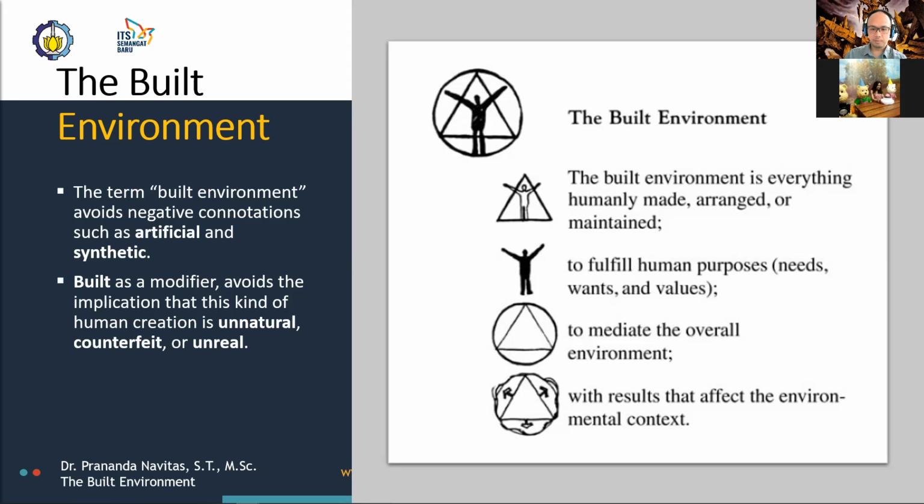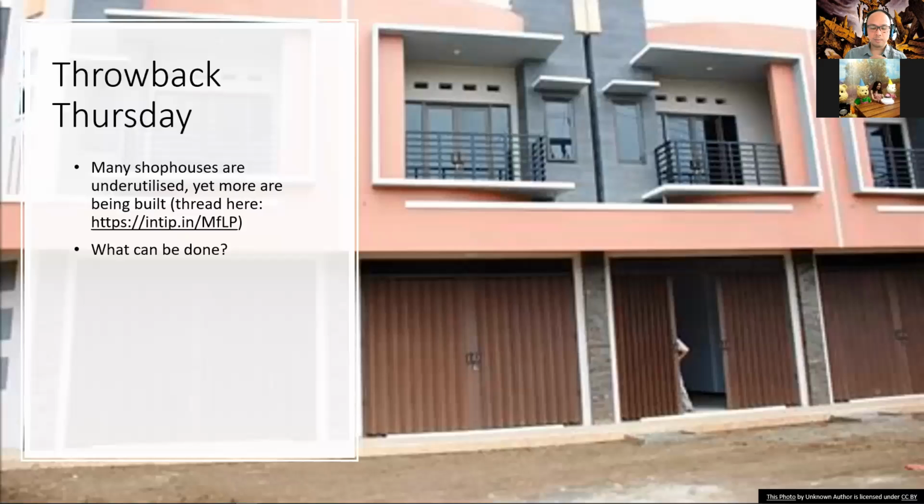And moving on to that, actually, a little bit of a throwback. Earlier this week, I believe on Monday, I received an email from one of you, Farah, I think it was, who asked me what I think about underutilized shop houses, ruko, and what can be done about them.